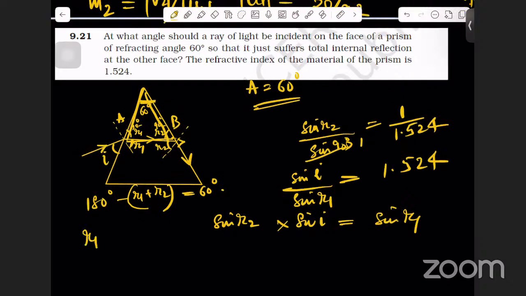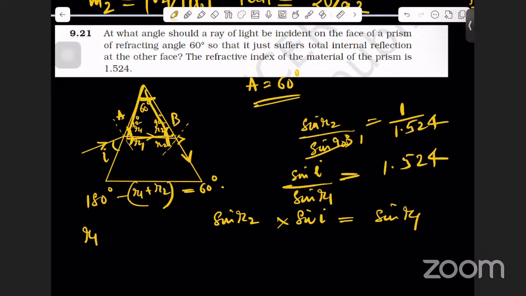So this is R2, this is 90 minus R1. This is R2, this is 90 minus R2. If you add, 180 minus this, sorry, 180 minus this is the sum of these two angles, right?